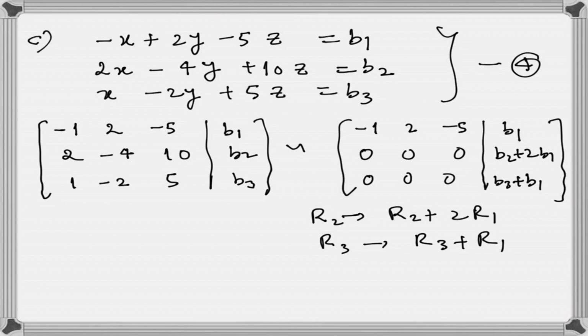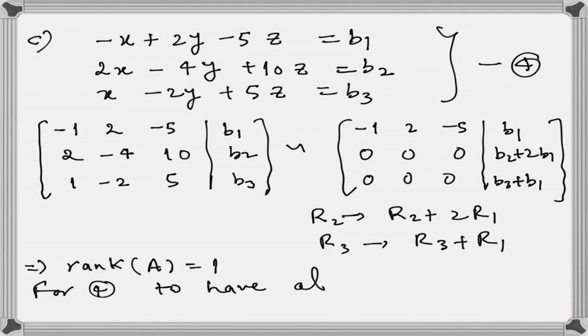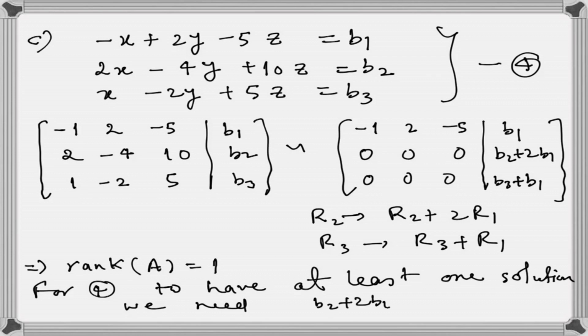So here this implies the rank of A is 1. So for this system to have at least one solution, we need both b2 plus 2b1 is 0 and b3 minus b1 is equal to 0.